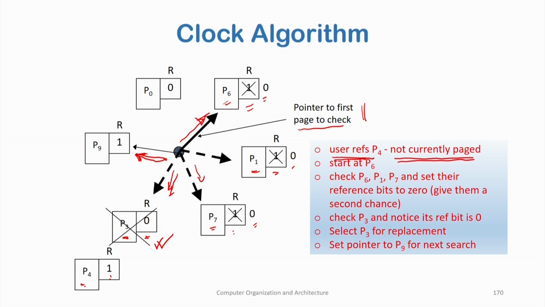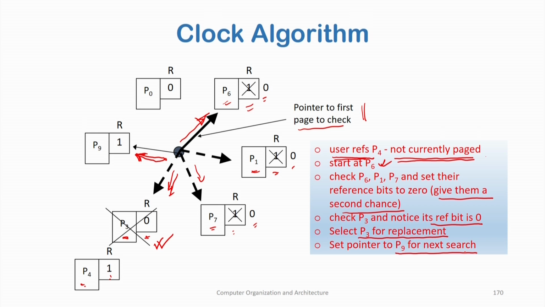To summarize: the user references page 4, which is not currently in memory. We start at page 6, check P6, then P1, then P7 and set their reference bits to 0, giving them a second chance. Then we check page 3, notice that the reference bit is 0, select P3 for replacement, and set the pointer to P9 for the next search.